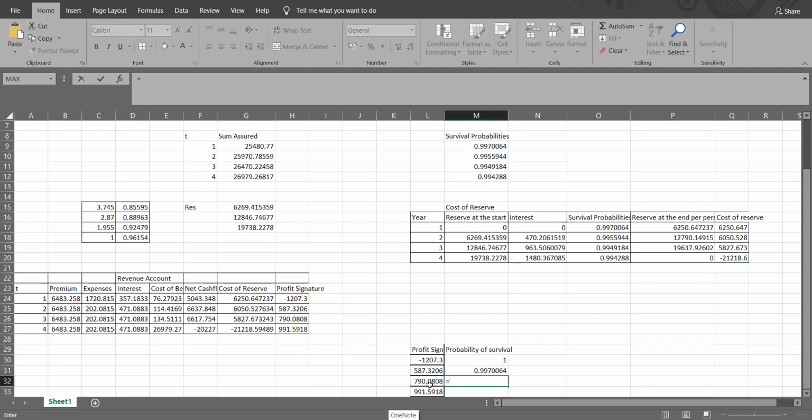This is at the beginning of the third year with respect to mortality, so you need to take 2 years survival probability, right? So this times this. Then this is at the beginning of the fourth year, so you need to take 3 years survival probability.